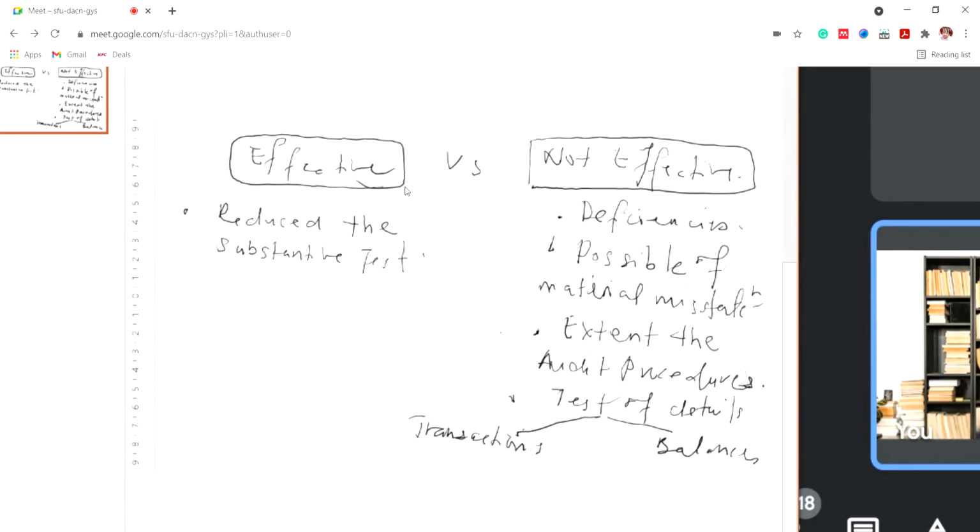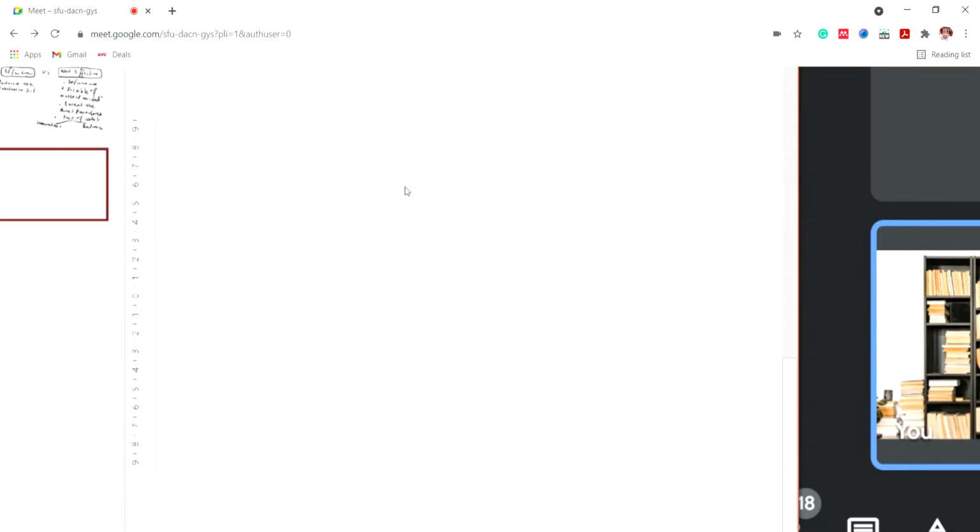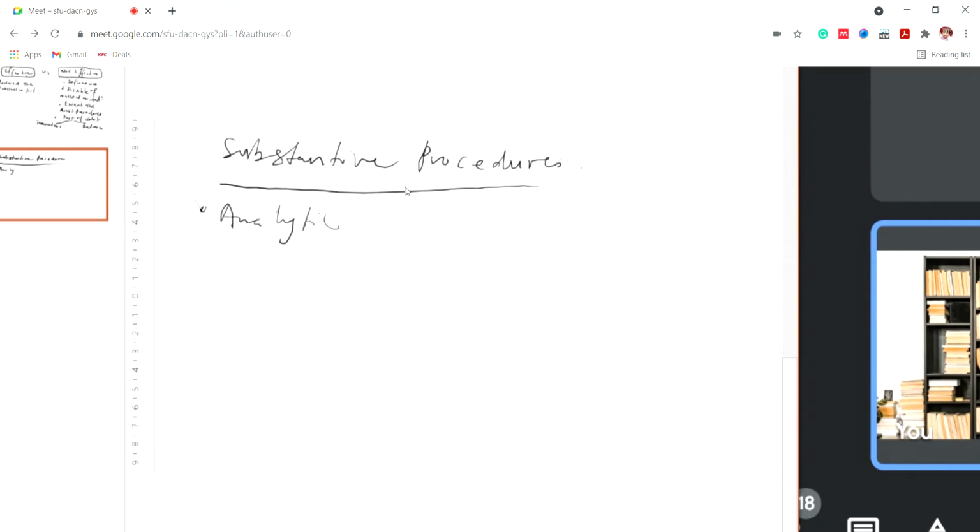And on top of that, in general you can say that you have to perform the substantive procedures, where first you can perform the analytical procedures and the test of details, transaction or balances.